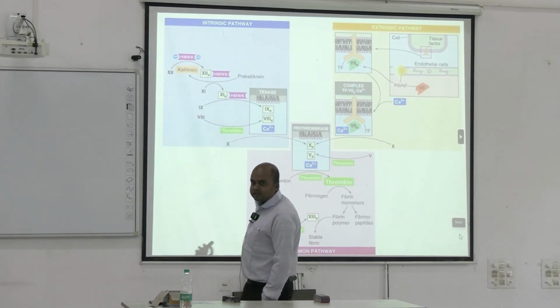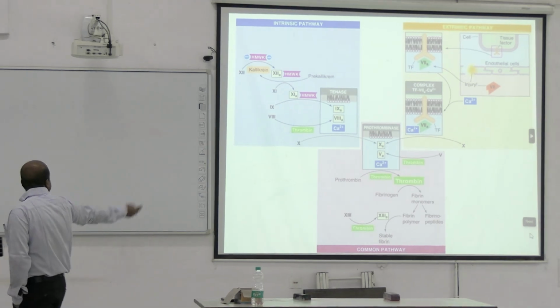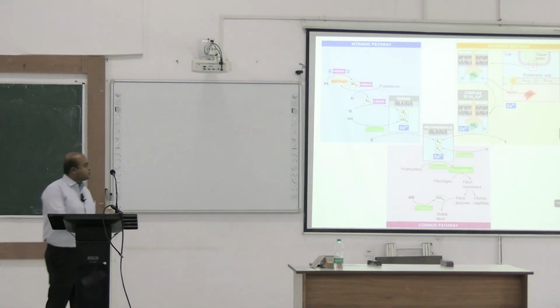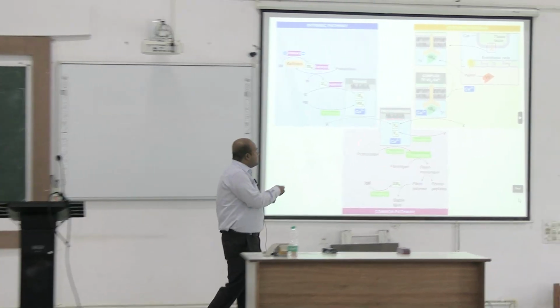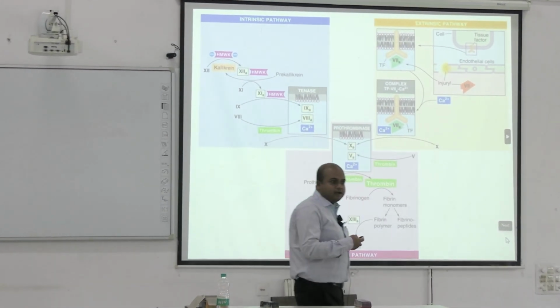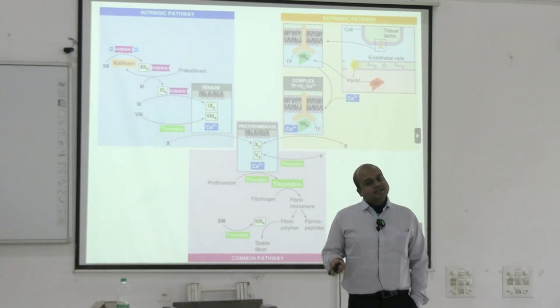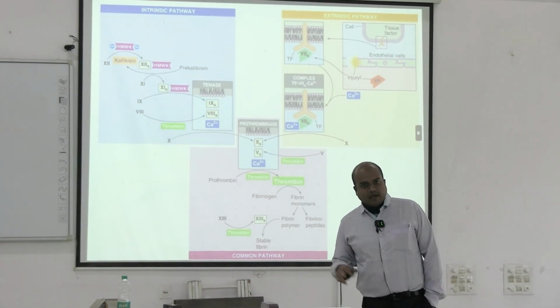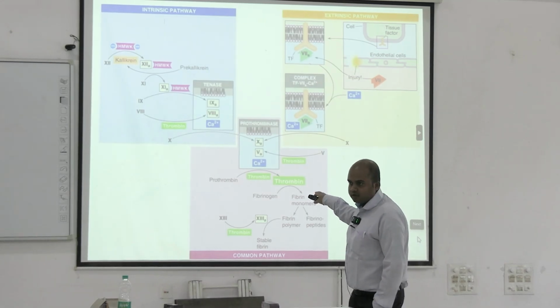A similar complex in the extrinsic pathway consists of factor 7, factor 3, calcium and platelet phospholipids. Then the prothrombinase complex has 10A, that means activated factor 10, activated factor 5, calcium and platelet phospholipids. And thrombin is required in so many steps of blood coagulation.